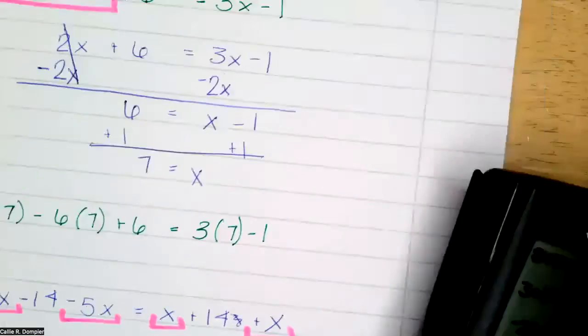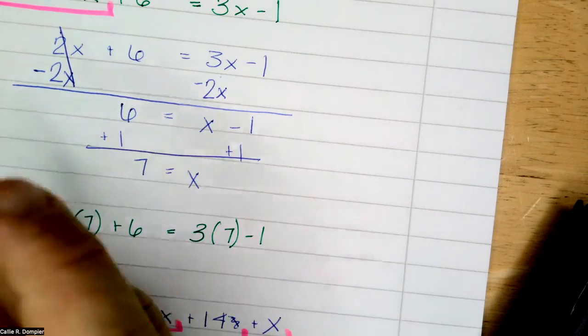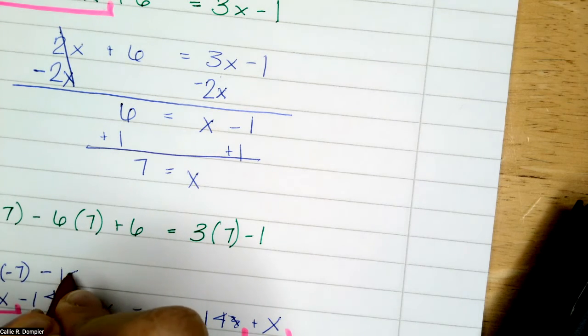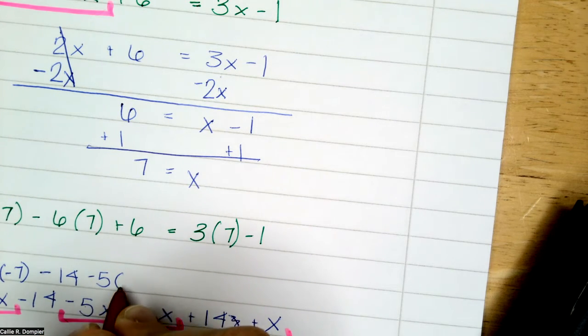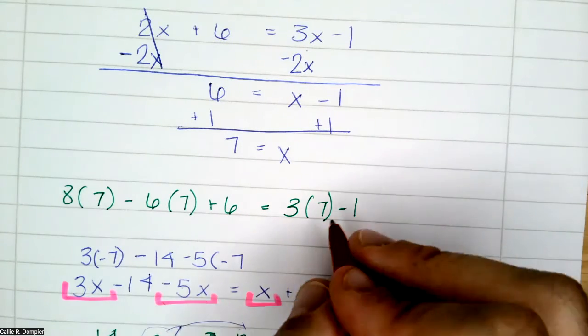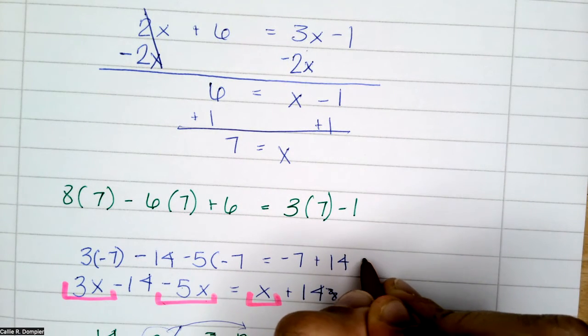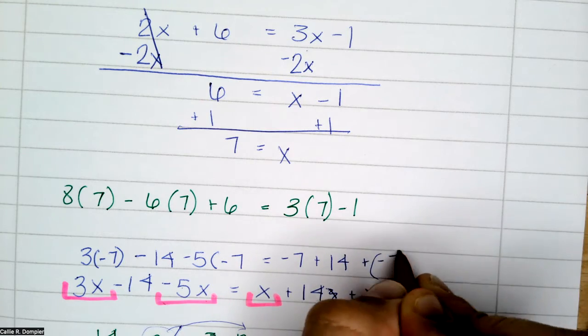So if I put negative 7 back in here, will I get the right answer? 3 times negative 7 minus 14 minus 5 times negative 7 equals negative 7 plus 14 plus negative 7.